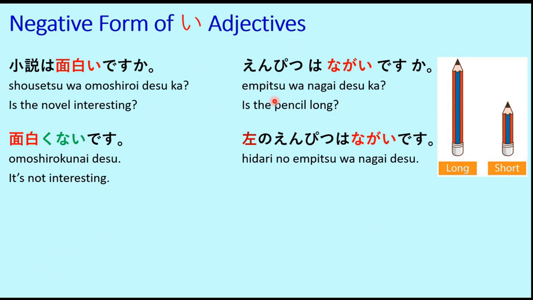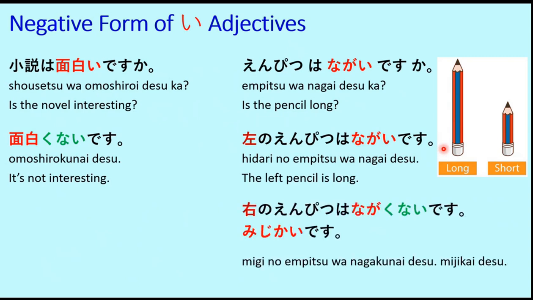Hidari, as you all know, this is the kanji for hidari, which is left. Hidari no enpitsu means the pencil on the left side, wa nagai desu, is long. The left side pencil is long. Now, migi no enpitsu wa nagaku nai desu. This is the right hand side pencil.